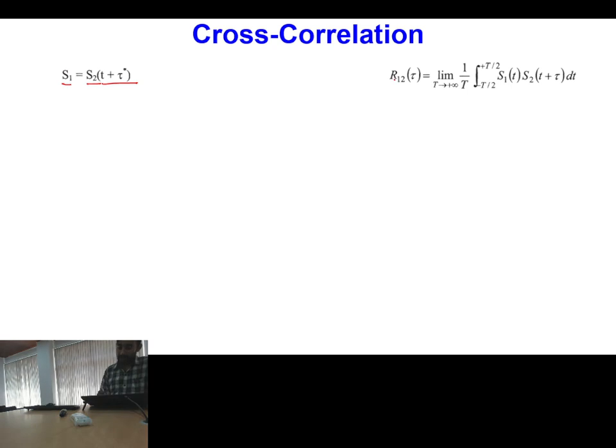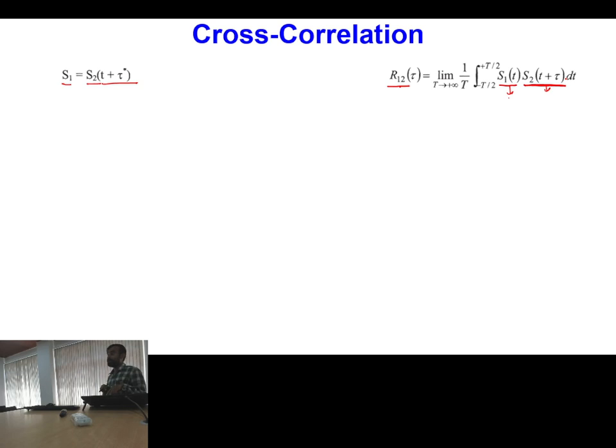Then I can define a cross correlation function R12 as a function of tau, such that S1(t) and S2(t plus tau). What is this? This is the first signal, this is the second signal, and their multiplication.